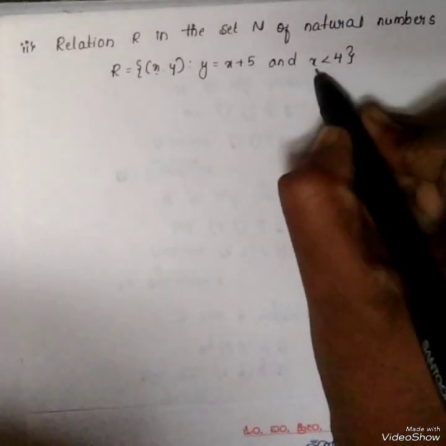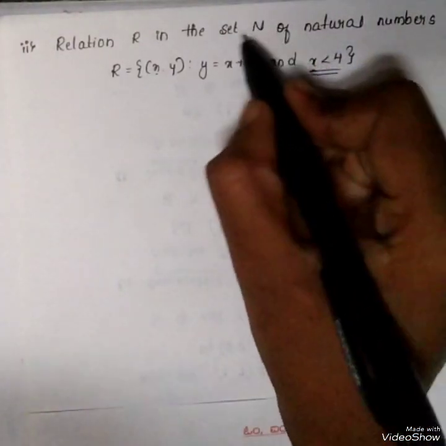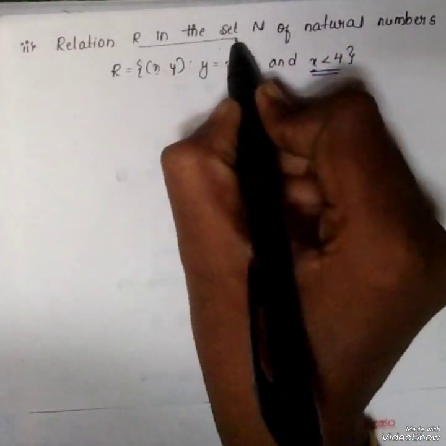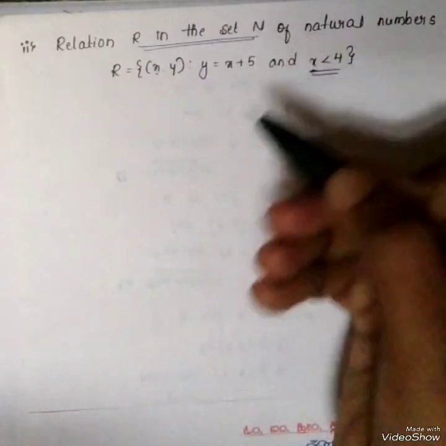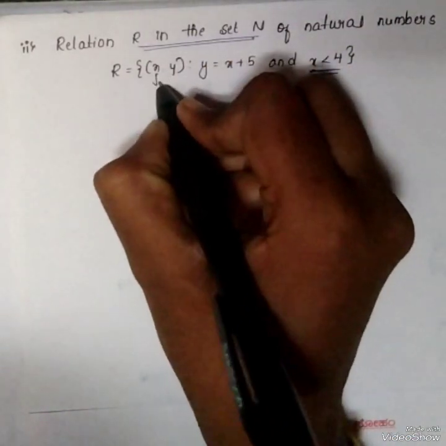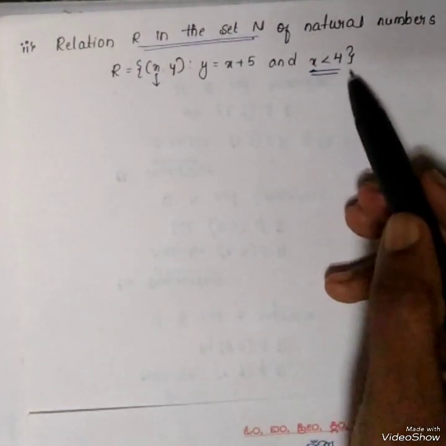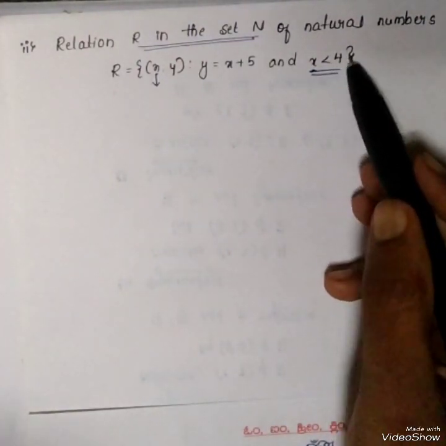The x values are natural numbers, as already given, and x must be a natural number less than 4.